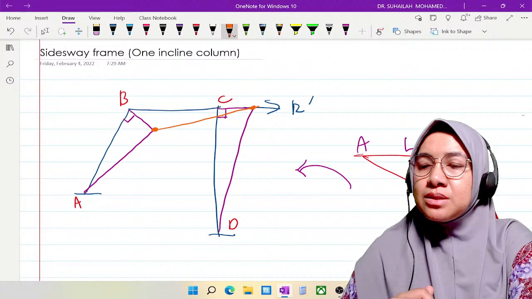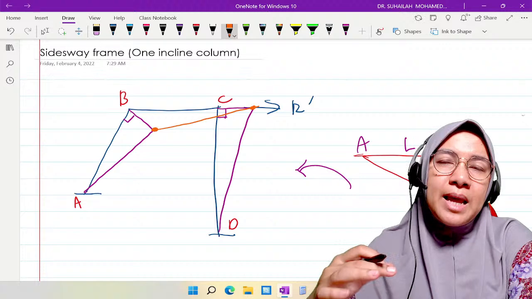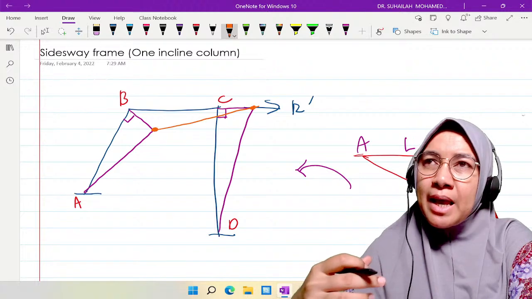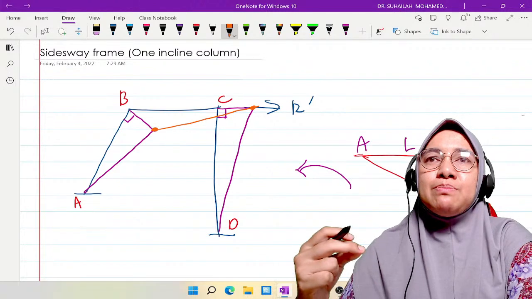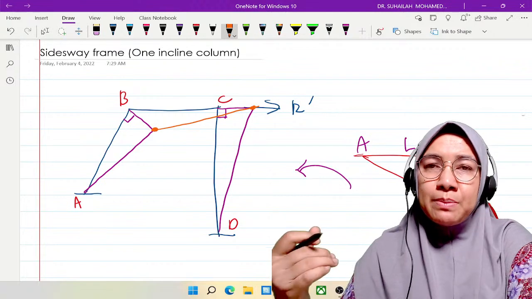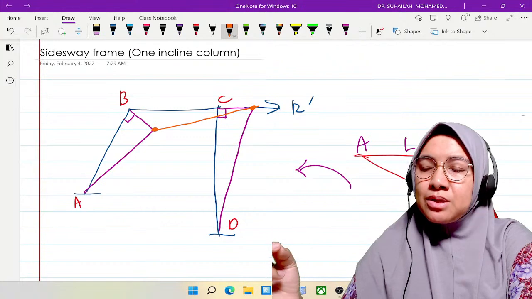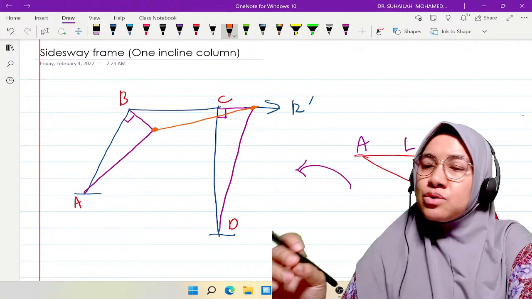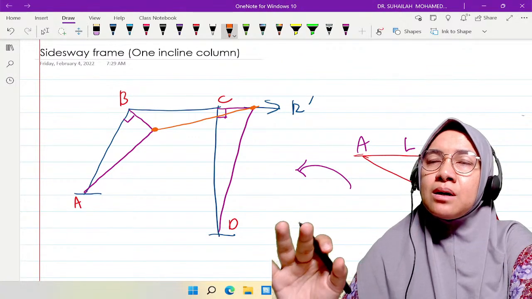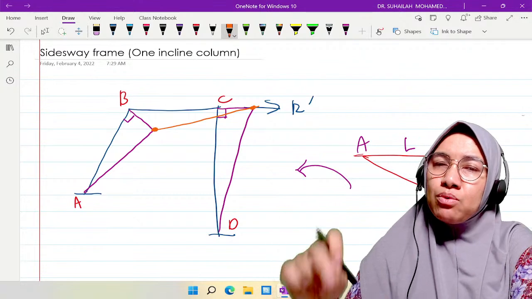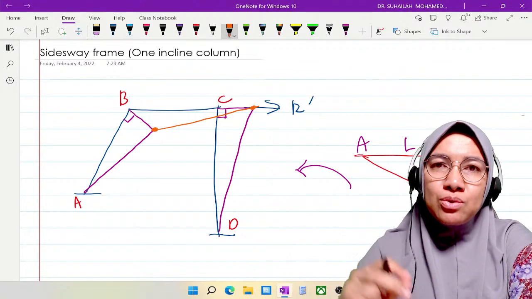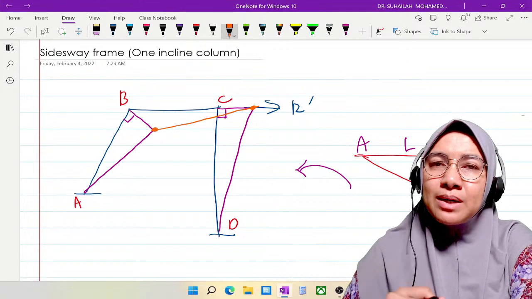Let's say member AB is element number 1, member BC is element number 2, and member CD is element number 3. So we label the deltas: delta 1 for element number 1, delta 2 for element number 2, and delta 3 for element number 3.